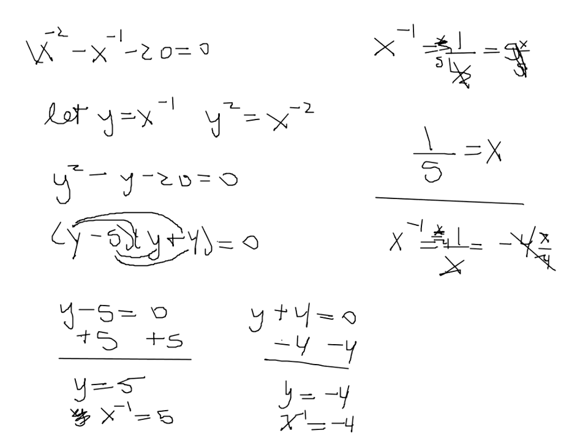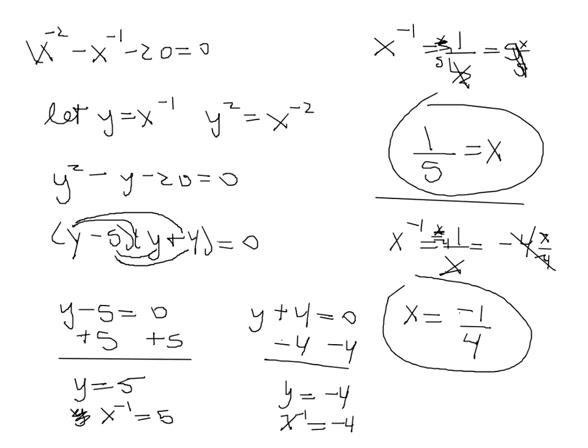Over there, the 4's cancel. Over here, the x's cancel. And I get that x is equal to 1 over 4, or negative 1/4. So again, use my calculator to check that the solution works.